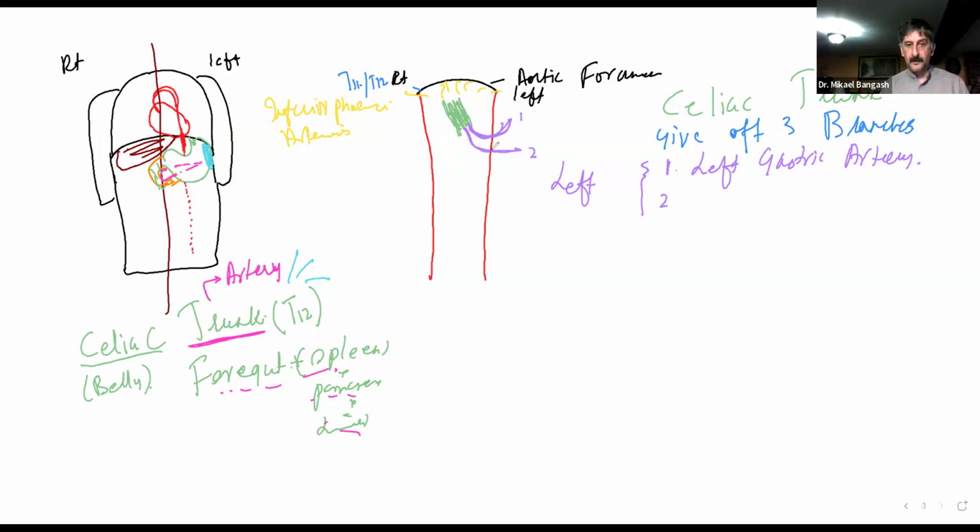The second branch, or the other left branch that the celiac trunk is going to give off, is going to be what we'll call the splenic artery.